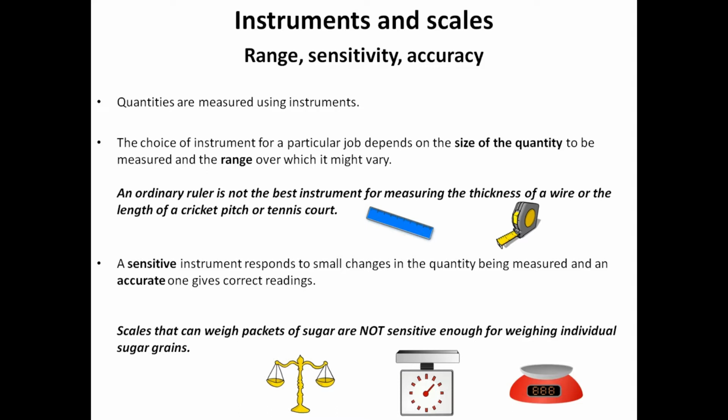So that's what we're talking about with sensitivity. The range on the scale that's measuring the suitcase is too wide. It's not going to account for the very small mass of the sand, right? And so whatever you read on the scale will not be accurate.